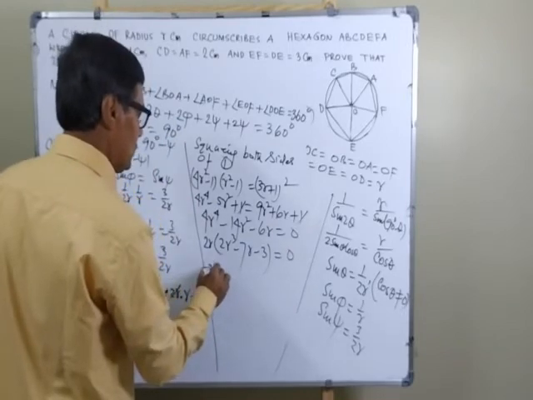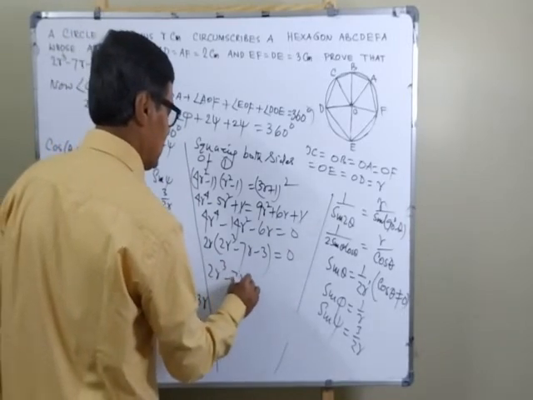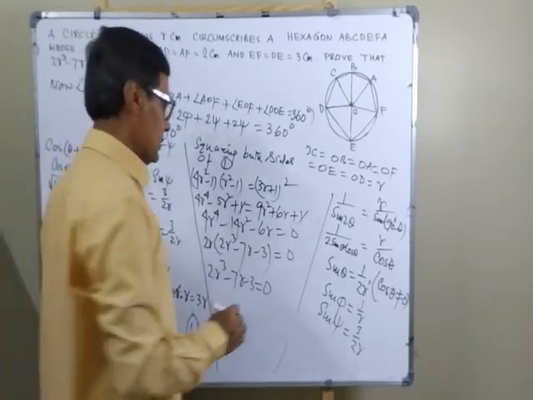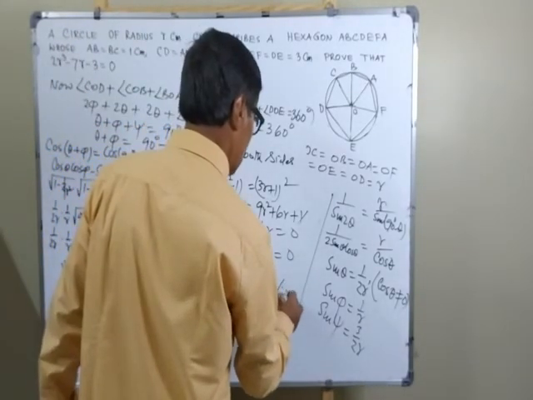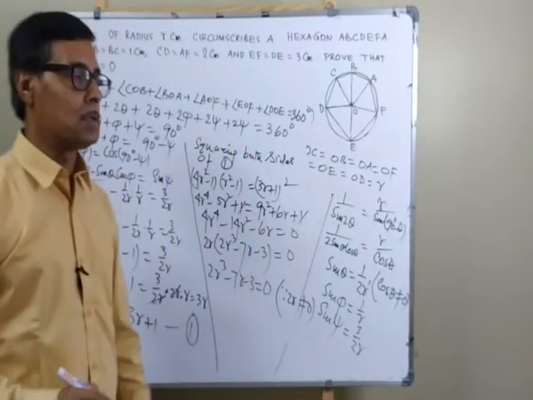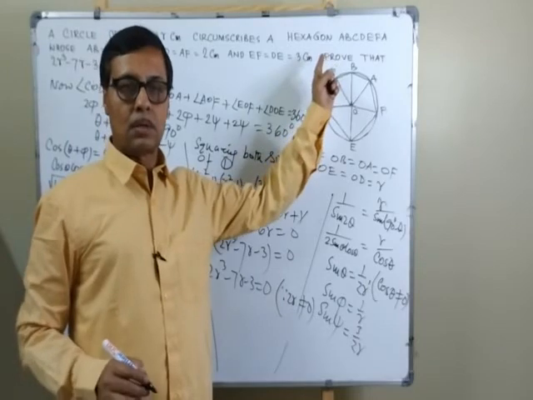So 2r cube minus 7r minus 3 equal to 0, as 2r is not equal to 0, because r is the radius of this circle, so radius cannot be 0.